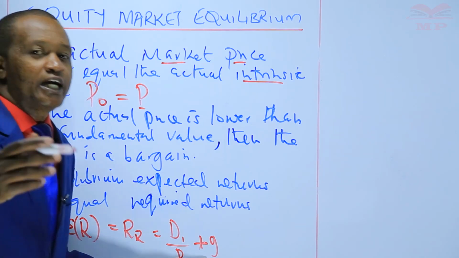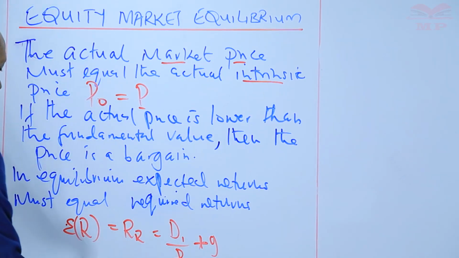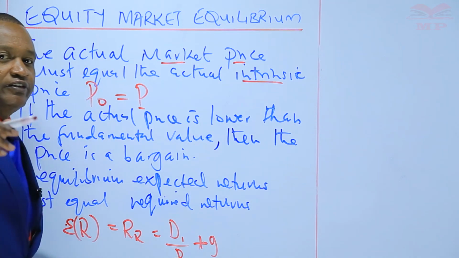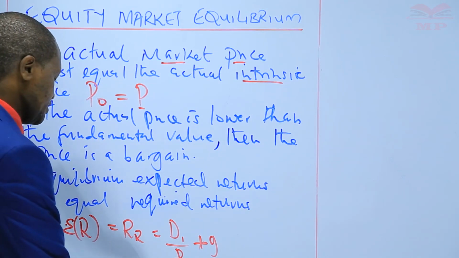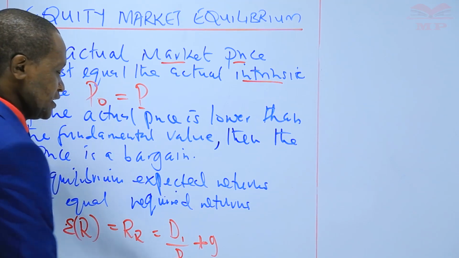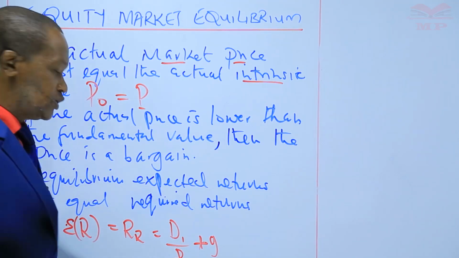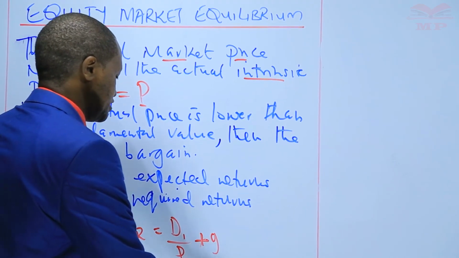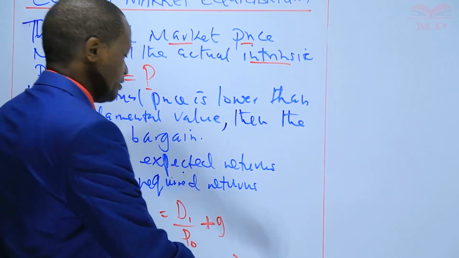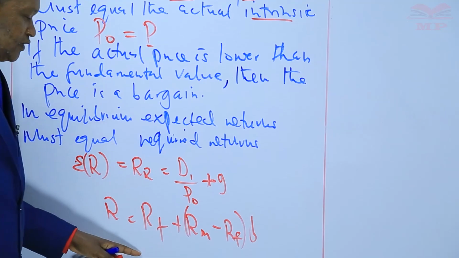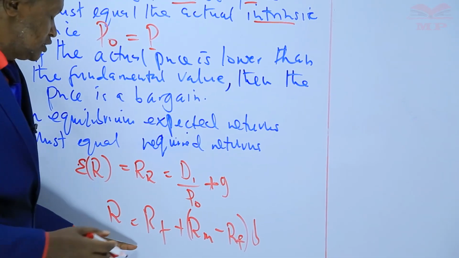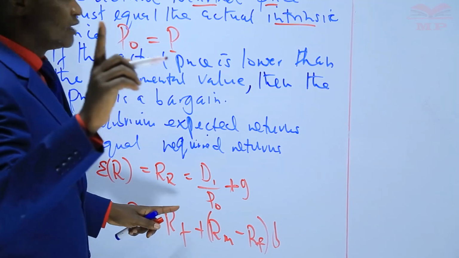And if you are using CAPM, the required return will be equal to the risk-free rate plus the difference between the market return and the risk-free rate times the beta of equity. It's important to understand that point.